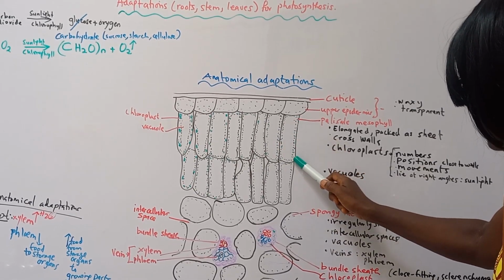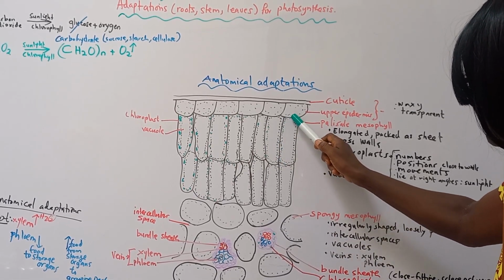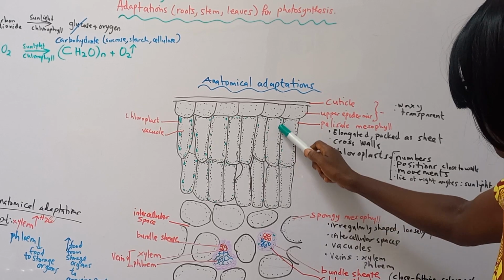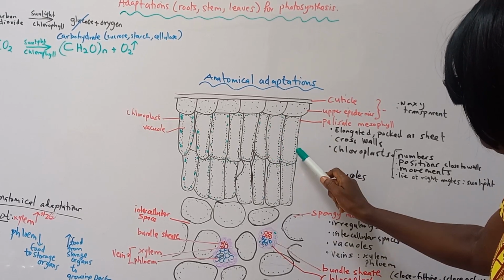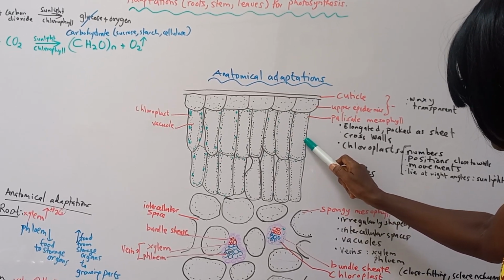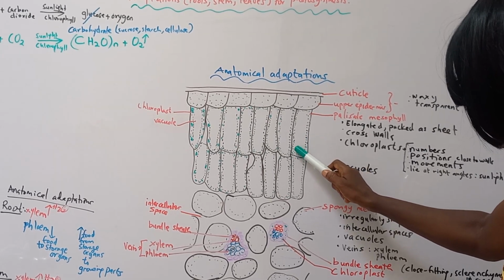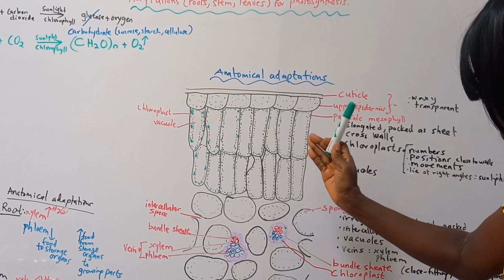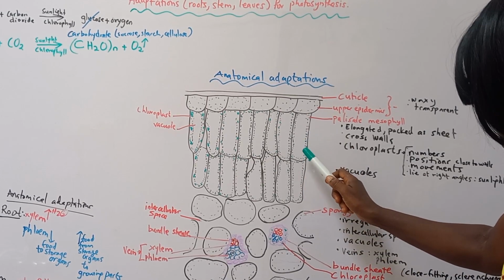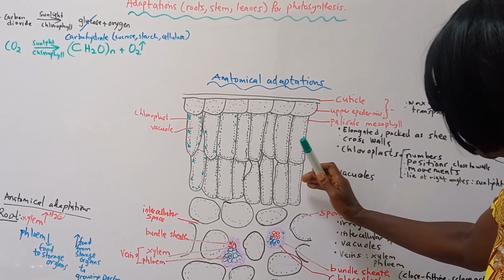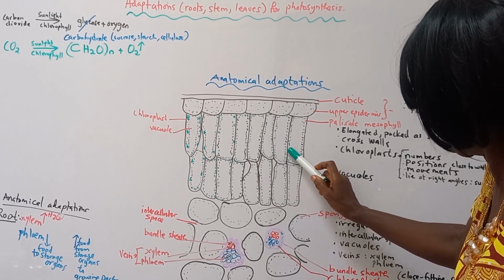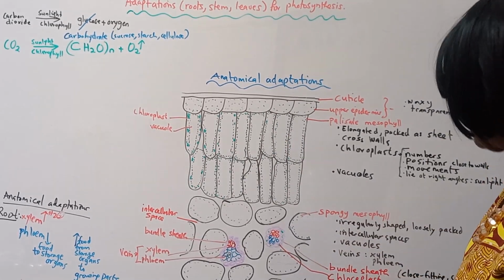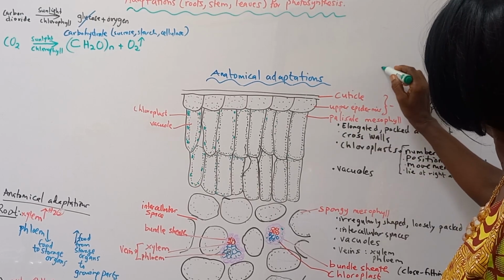So the chloroplasts are found in thin cytoplasmic linings on the cell walls. And the chloroplasts are able to move slightly, and they move because the cytoplasm moves, cytoplasmic streaming, and the chloroplast moves so that every time the chloroplast lies at right angles to the incident light.